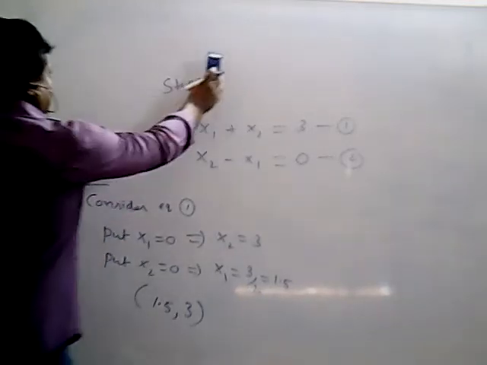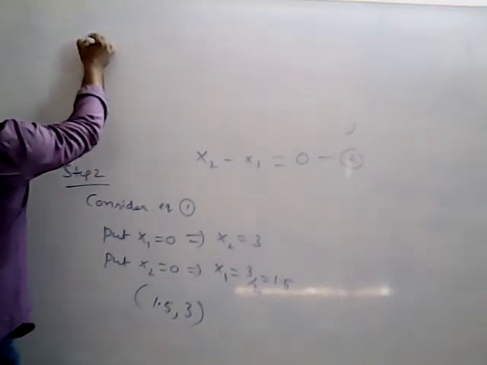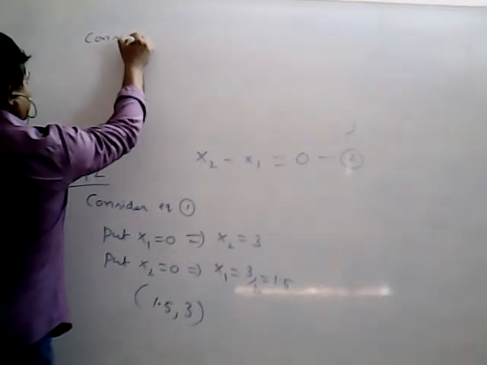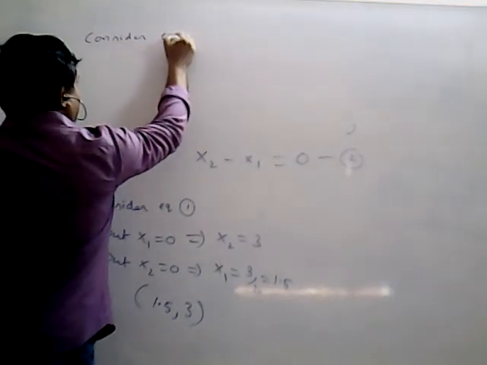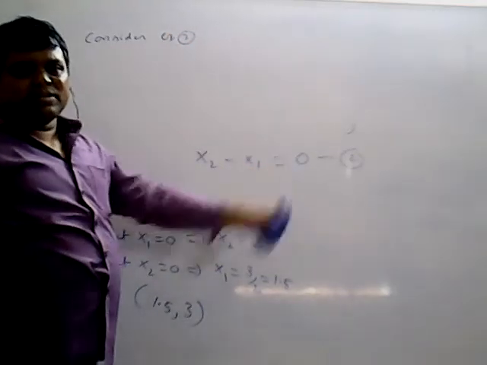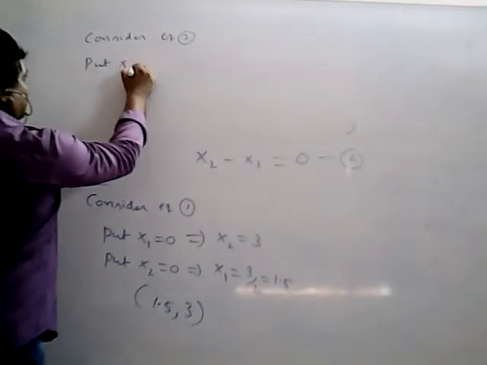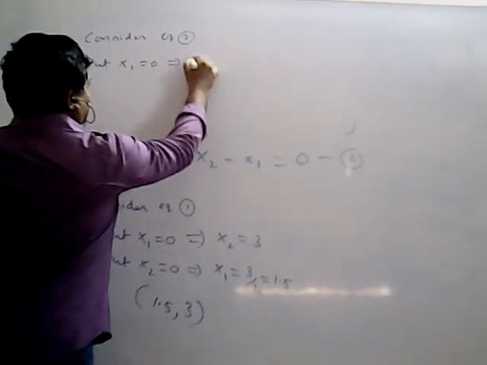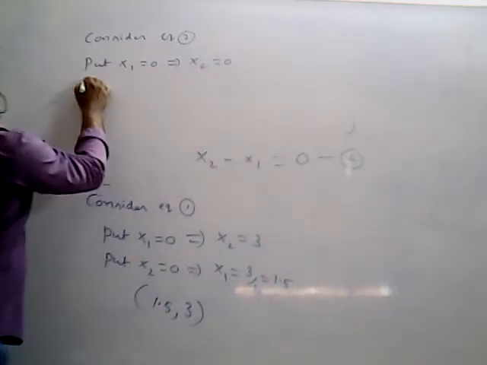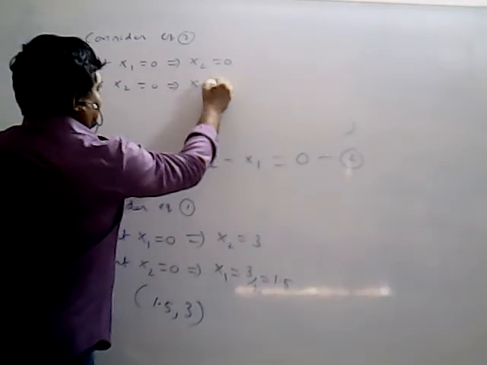Second line, same as this. Consider equation 2. Put x1 equal to 0, which implies x2 equal to 0.